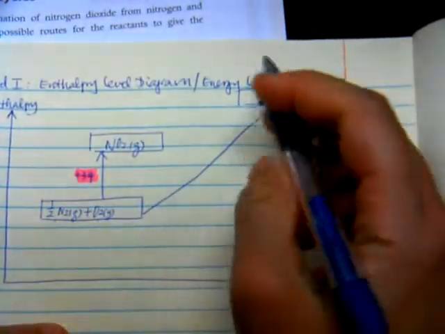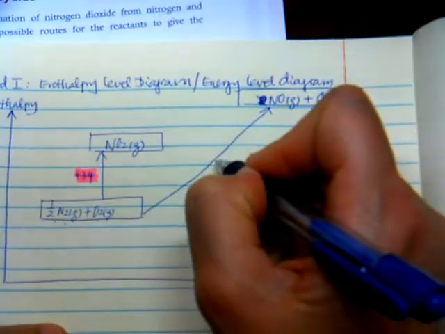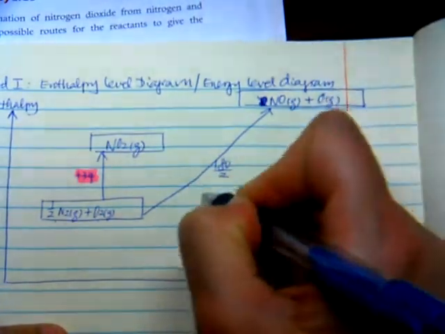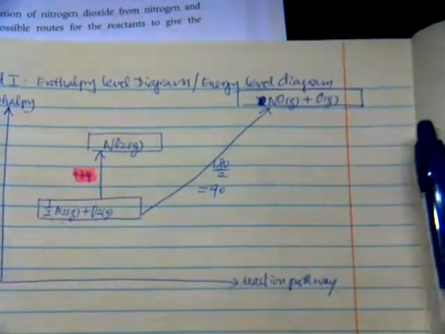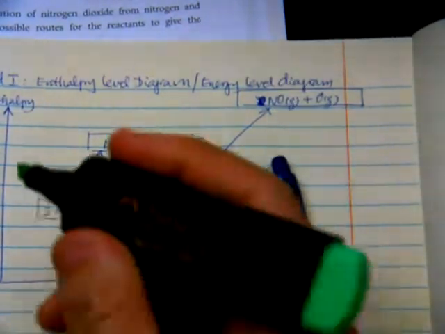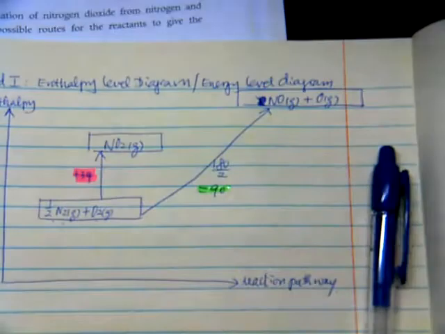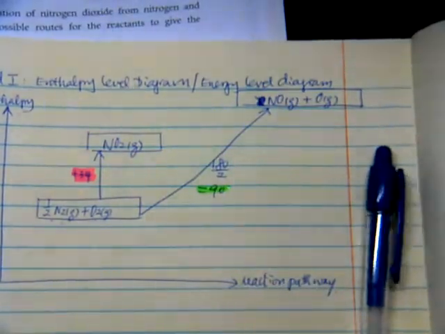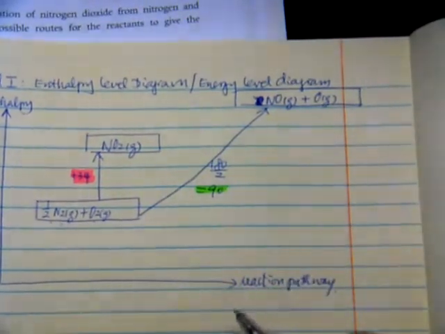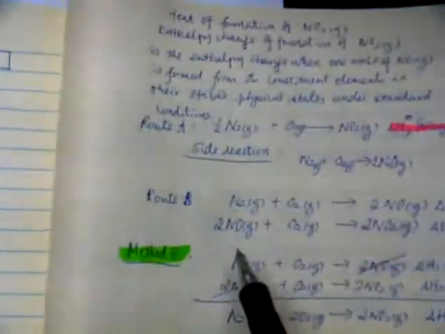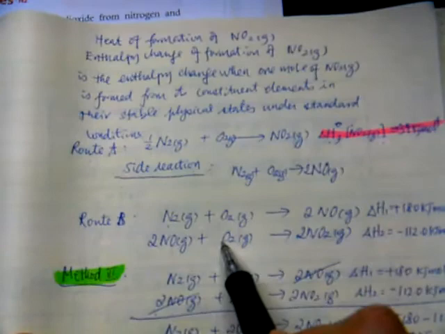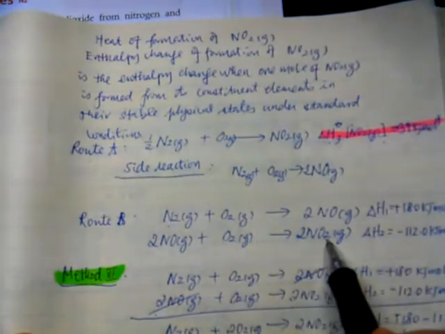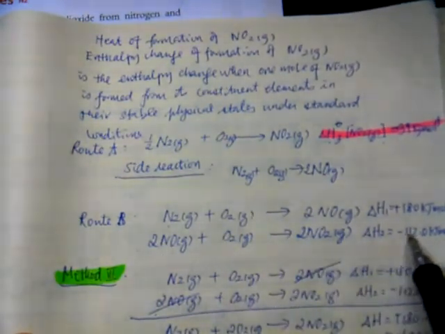So what is the enthalpy? 180 over 2, 90. I color it in green. This is the first step of route B.